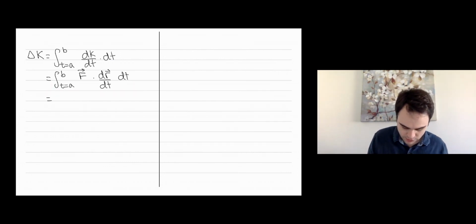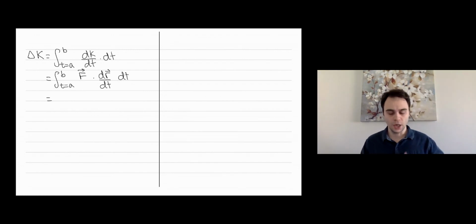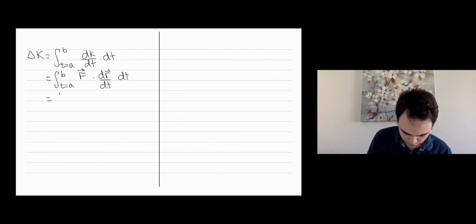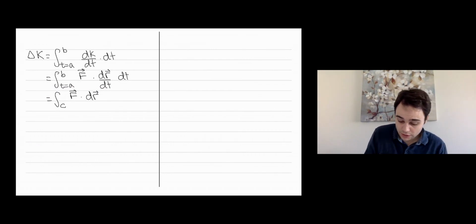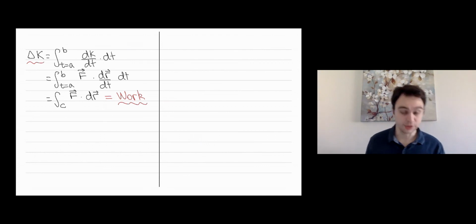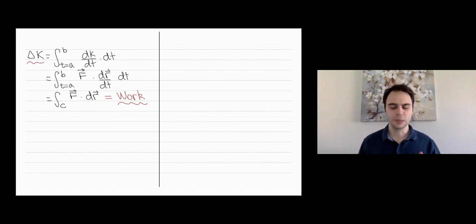So this is a line integral over the trajectory of the curve. That's the integral over the trajectory of the curve of this force times dr. Here we can pretend that the dt cancels, and then we're left with the integral of F dot dr, and that's what we defined as the work. So the work is equal to the change in kinetic energy, as I promised.